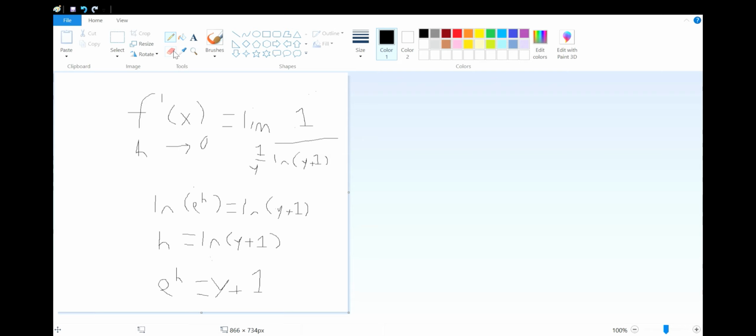And using an identity from logarithms, we can now remove the 1 over y term and raise the logarithm by 1 over y.